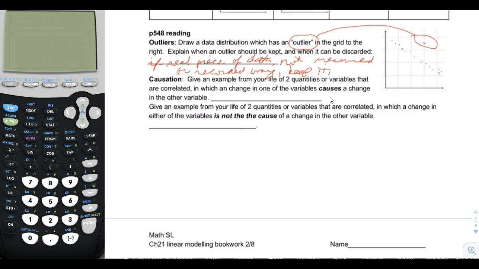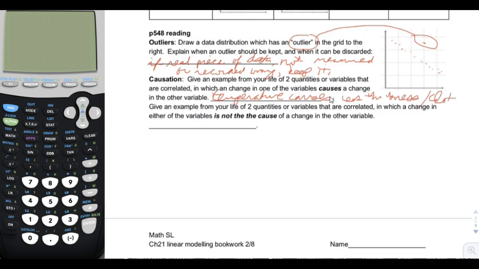So let's say the temperature causes less thickness of clothes.